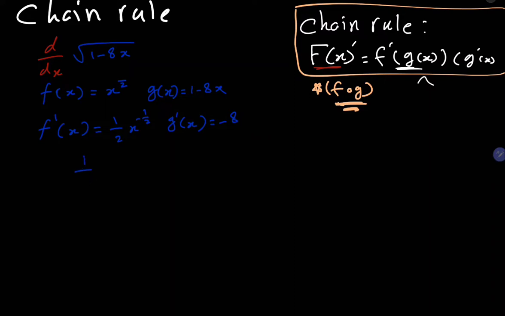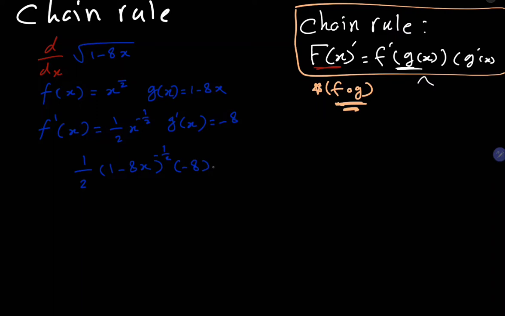So we're going to have 1 over 2 times 1 minus 8x raised to the power of minus half, times minus 8.